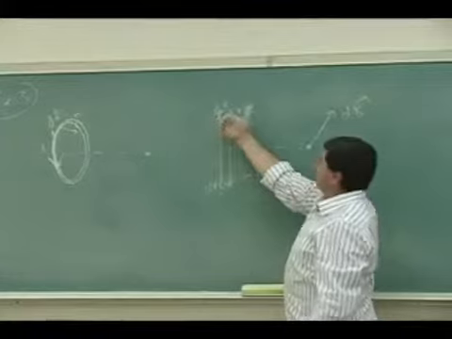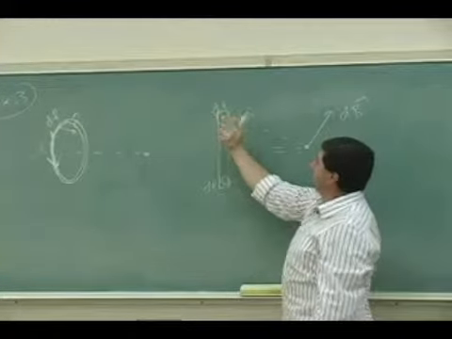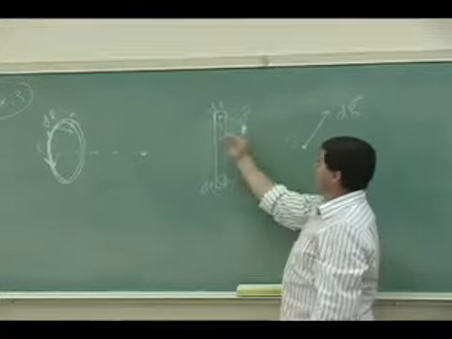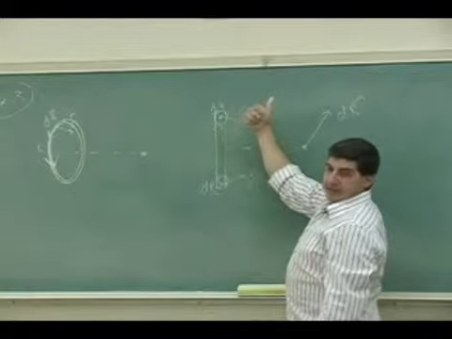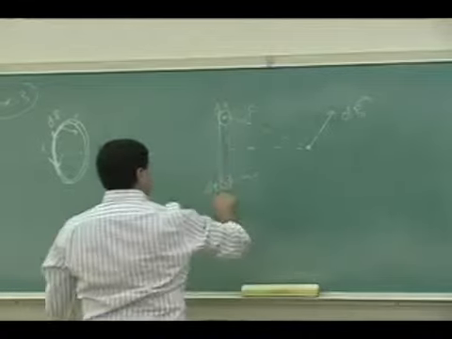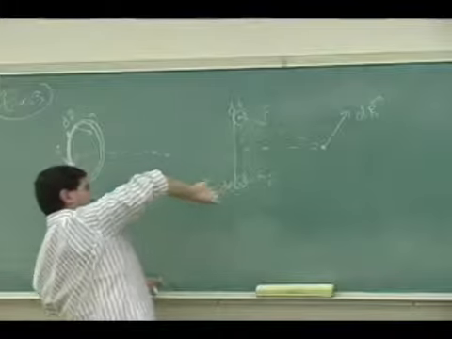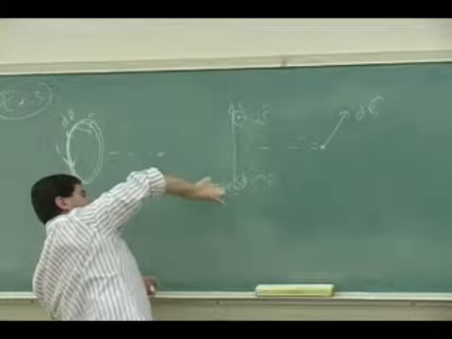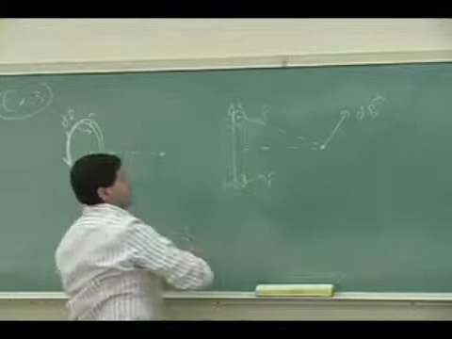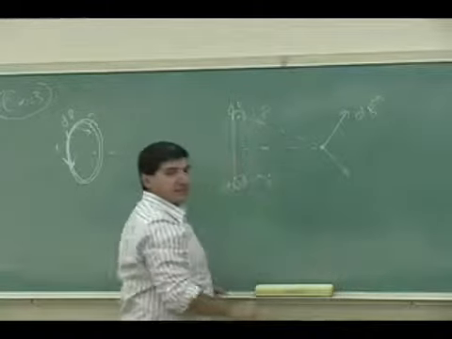Okay, so let's do that again, like that. And then I got to tilt my palm because the r hat is pointing down. So it gives you like that. This one gives you like this. You got to tilt your palm up like that. So it creates a dB that's this way.